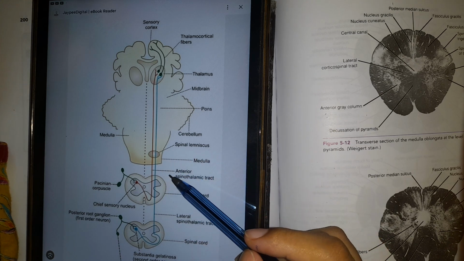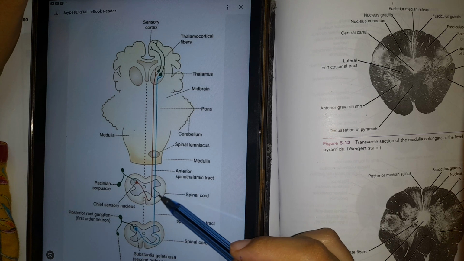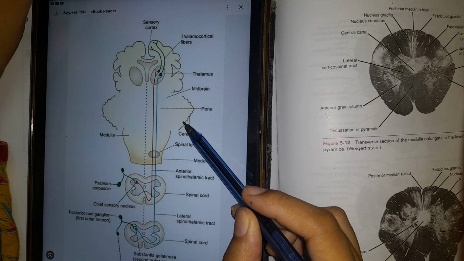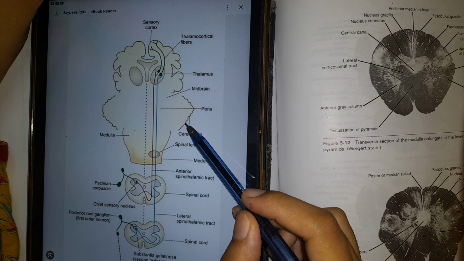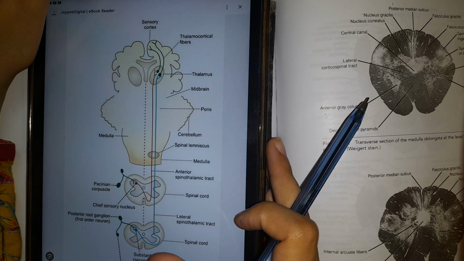Along with that, we have anterior and posterior spinocerebellar tracts, which will begin from the anterior and posterior portion of the spinal cord, and they will end in the cerebellum. Because they are ending in the cerebellum, they are passing through the medulla on their way, so that is why they are in the cross section.